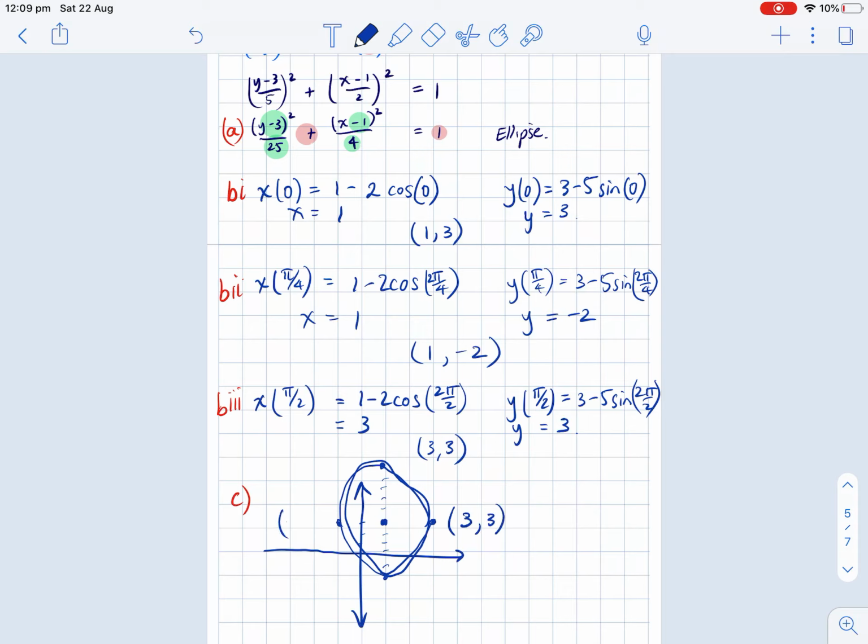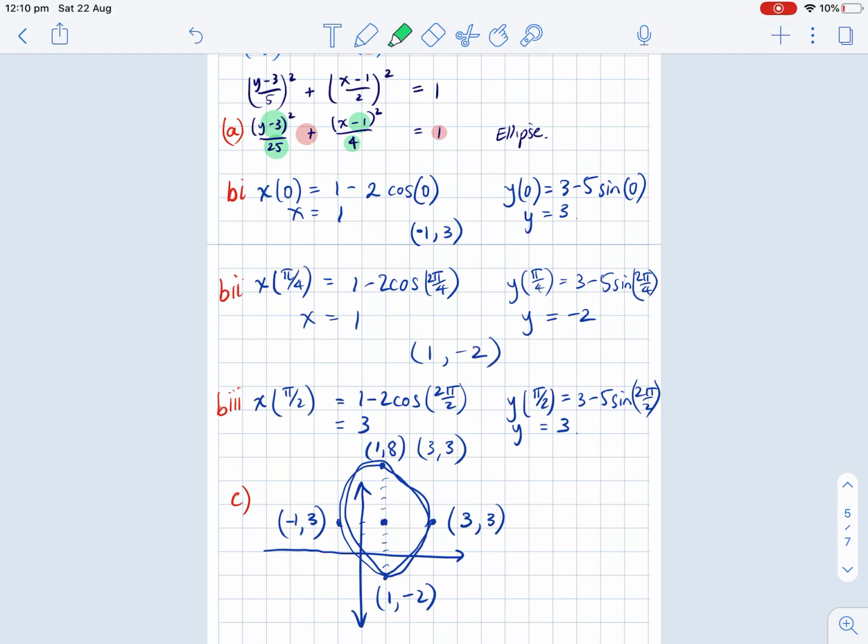This is your x value at minus 1 and y value at 3, and then that would be at 1, 8, and this would be at 1, minus 2. So there's the points on my ellipse, and it's telling me that the coordinates of my starting point was actually a minus 1 up here.